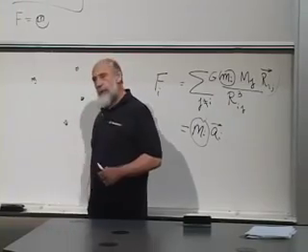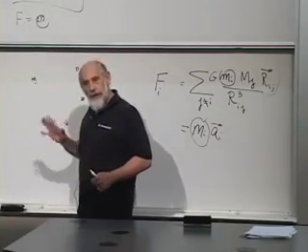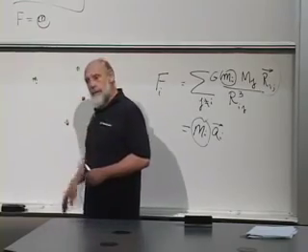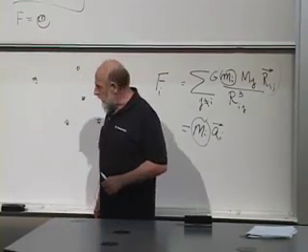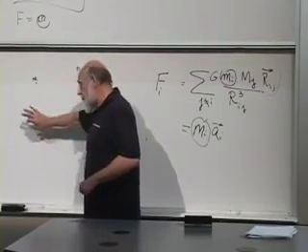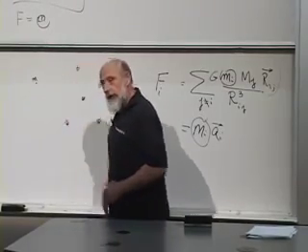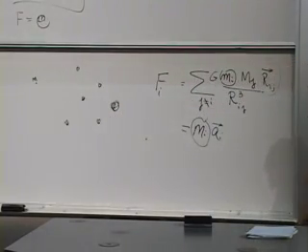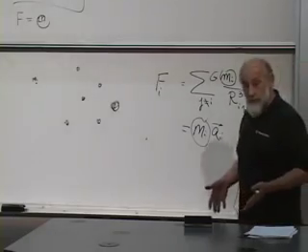You take a light little particle and you put it here and you see how it accelerates. Knowing how it accelerates tells you how much force is on it. And you can go around and imagine putting it in different places and mapping out the force field that's on that particle, or the acceleration field.